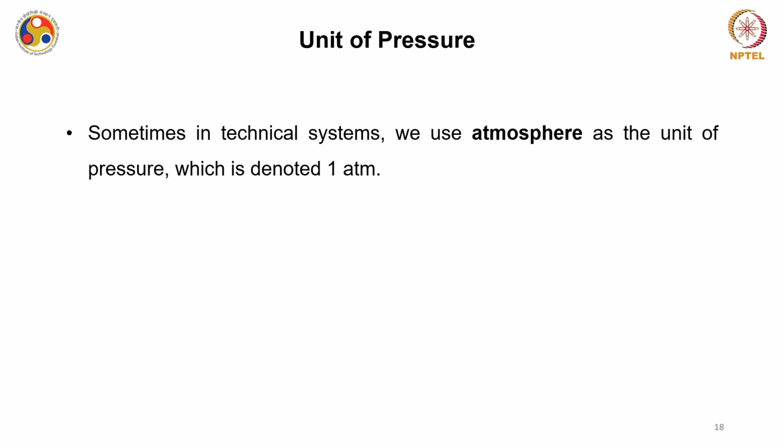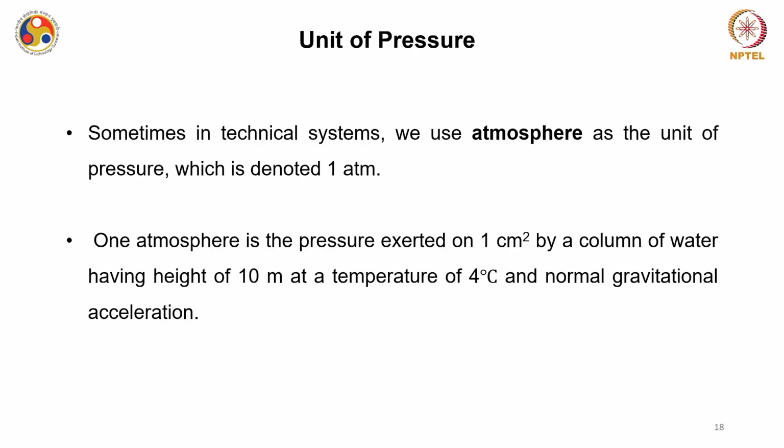Sometimes in technical systems we also use atmosphere or ATM as the unit of pressure, mostly denoted as X amount of ATM. So, 1 atmosphere is the pressure exerted on 1 centimeter square by a column of water having a height of 10 meter at a temperature of 4 degrees Celsius and normal gravitational acceleration, by considering the normal acceleration due to gravity.